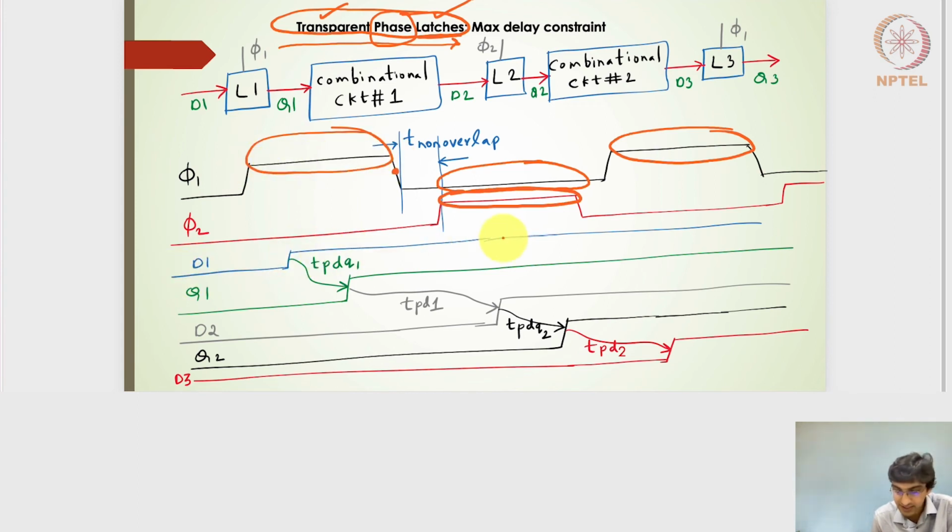So if the D1 signal goes high in between this particular clock level high, the Q1, which is nothing but the output of latch 1, is going to get captured here with the propagation delay D to Q. So that's why I've written D to Q 1. So 1 represents latch 1. Now remember that here it is the propagation delay of D to Q and not the propagation delay of clock to Q, right?